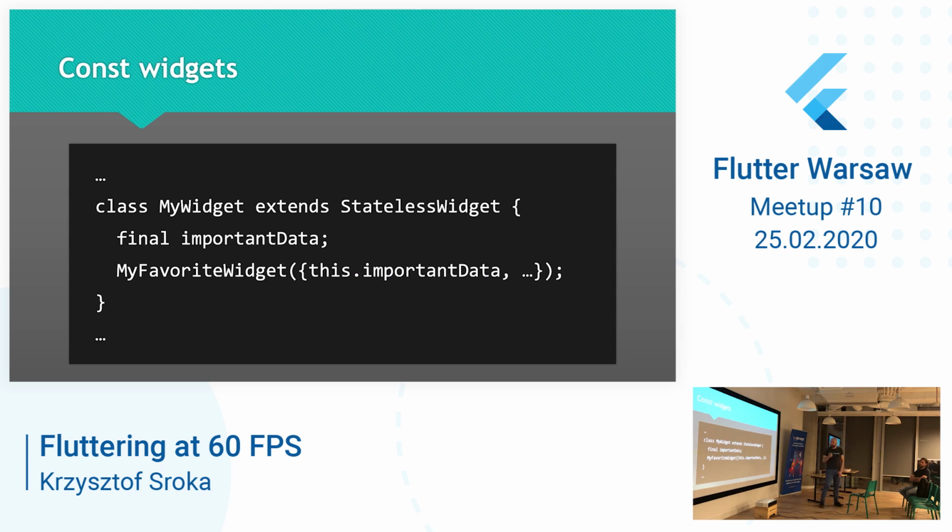Const widgets are a fun thing. Once upon a time when I first gave this speech, I was thinking, oh yeah, const widgets are a very narrow use case. But then obviously someone told me, no, this is not the case. We usually have a widget. It's a stateless widget here, but it could be a stateful widget. We pass it some data, the data that it's going to get to render itself, right? We want it to be there, and our build method is going to use that.